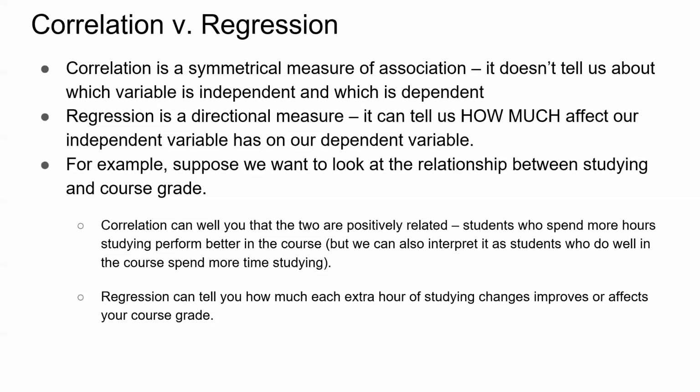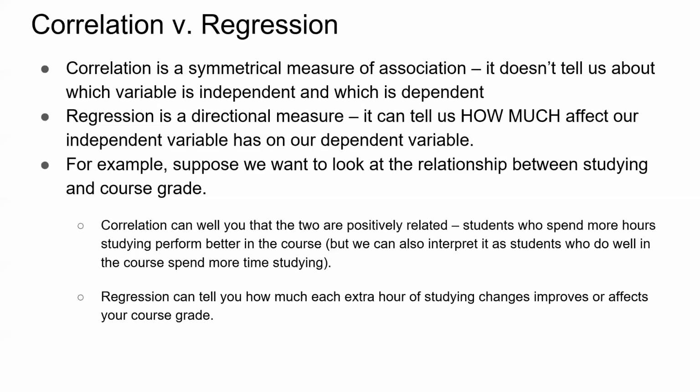So for example, suppose we want to look at the relationship between studying and course grades. Correlation can tell us that the two are positively related. The students who spend more hours studying perform better in the course. But we could also interpret this as students who do well in the course spend more time studying. Remember, we don't have that causal connection, one causing the other.